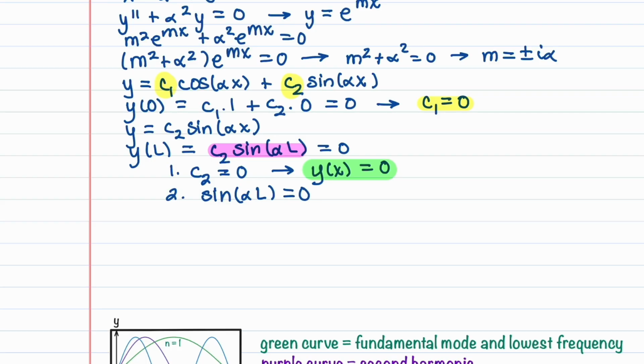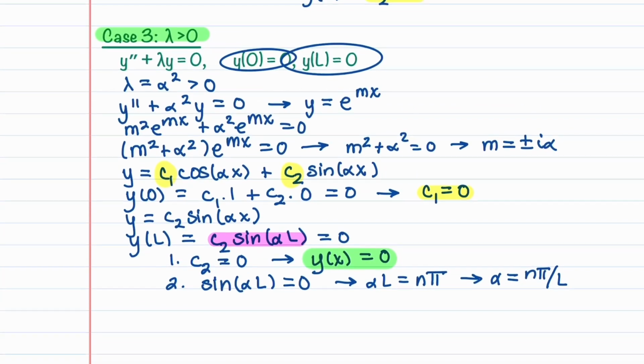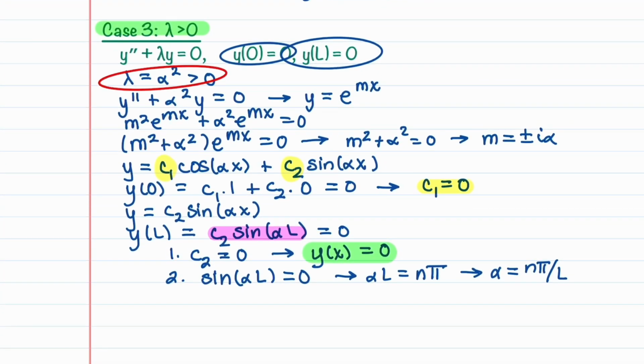Sine is going to be equal to 0 when alpha L is equal to n times pi. We'll talk about what n is equal to in just a few minutes. This gives us that alpha is equal to n pi divided by L. Let's go back up here and look at this expression right here. Lambda is equal to alpha squared.